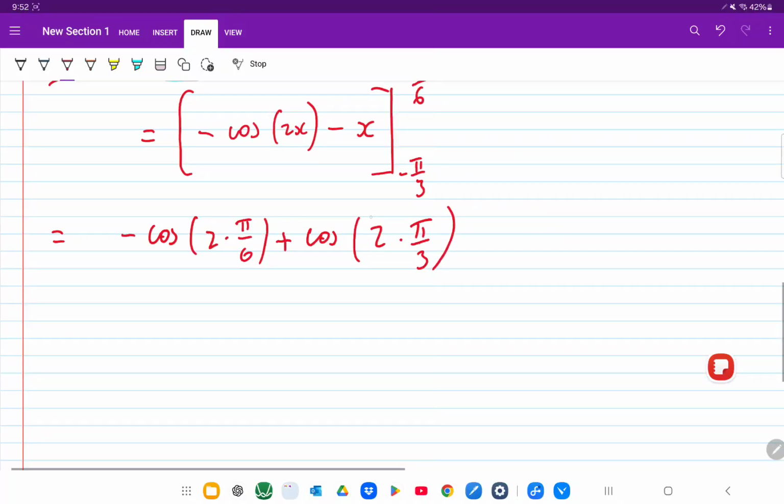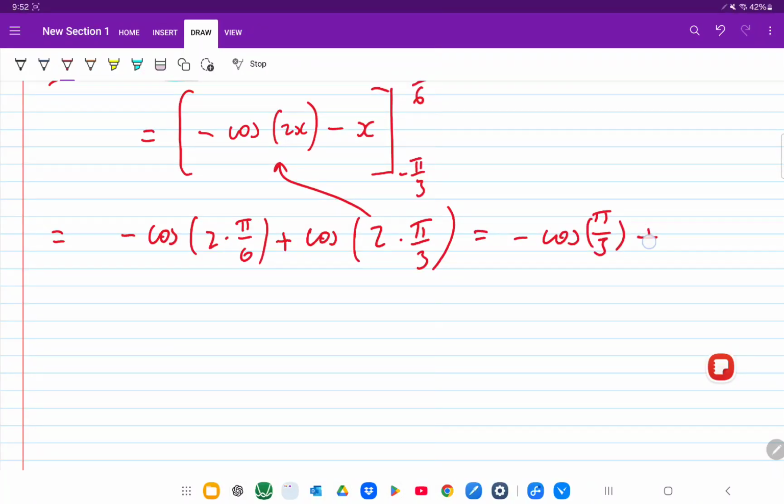Okay, so we're just going to evaluate that first bit, and that first bit will give us negative cos pi on 3 brackets plus cos negative 2 pi on 3.